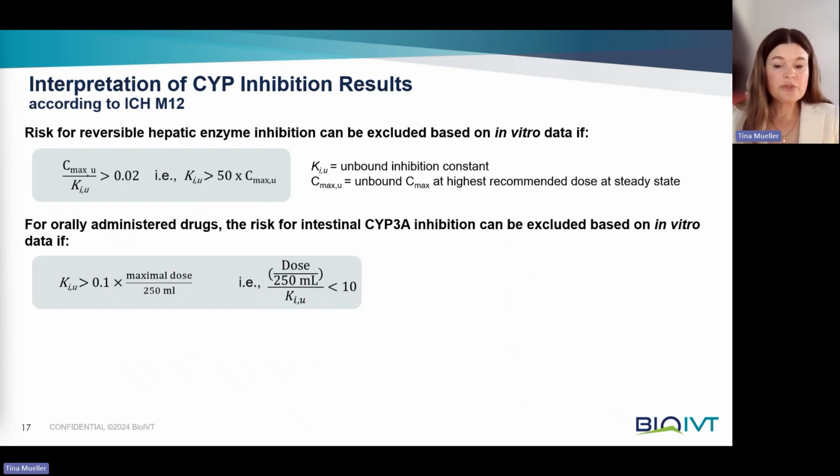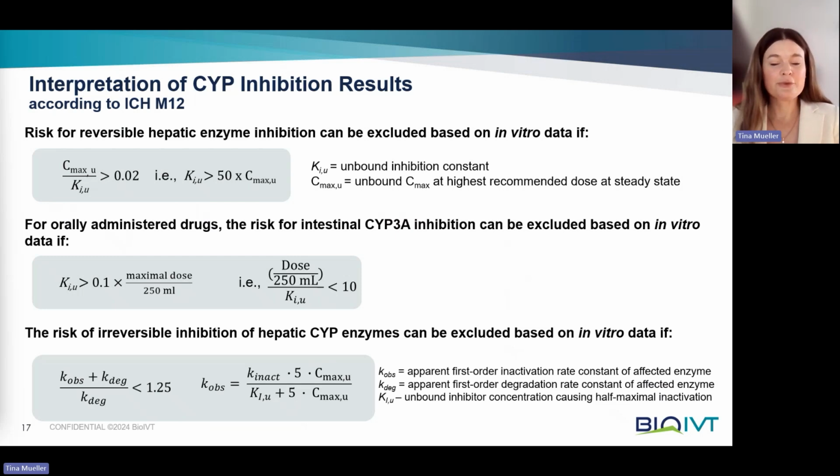For orally administered drugs, the intestinal CYP3A inhibition needs to also be addressed, and the risk can be excluded if the unbound Ki is greater than 0.1 times the maximal dose divided by 250 milliliters.